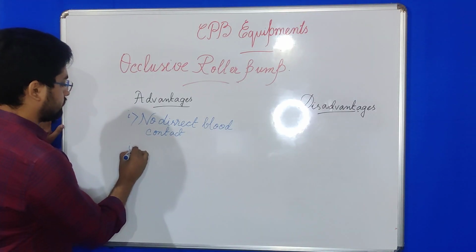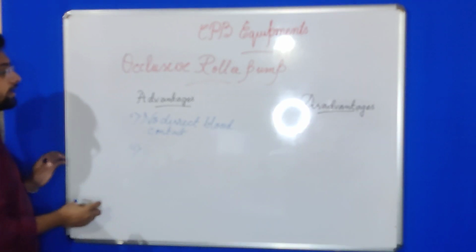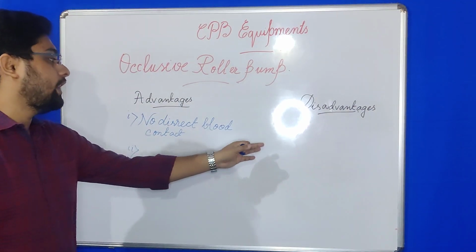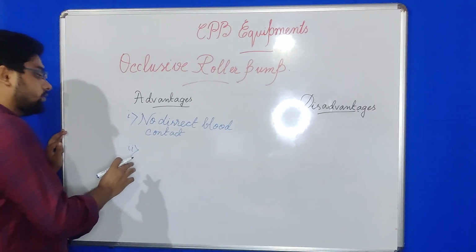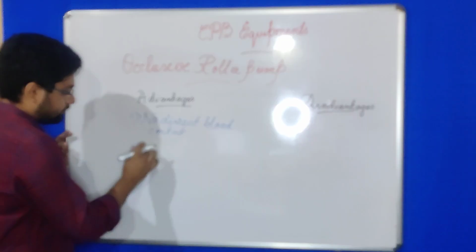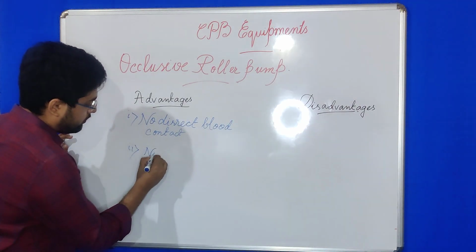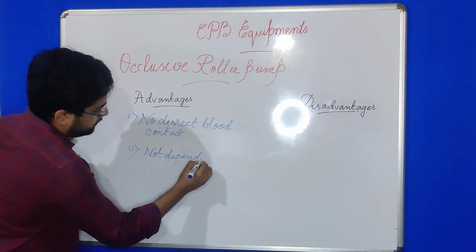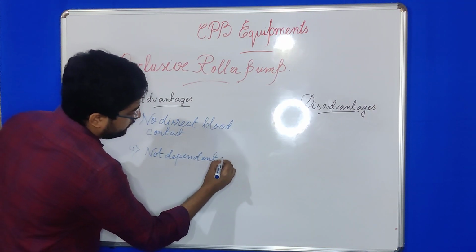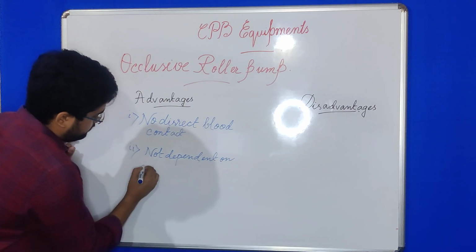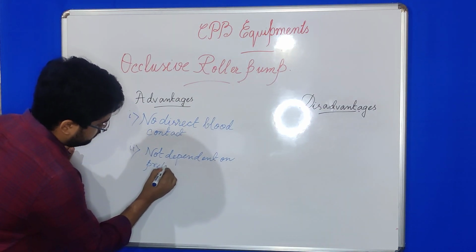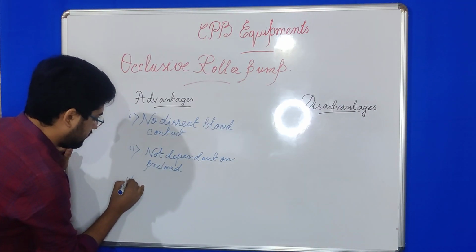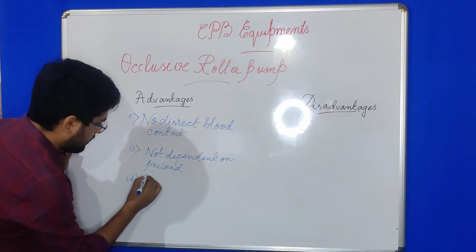Again, I already told you it creates negative pressure at the entry point of the tubings, so it is not dependent on the preload. And it is cost effective.